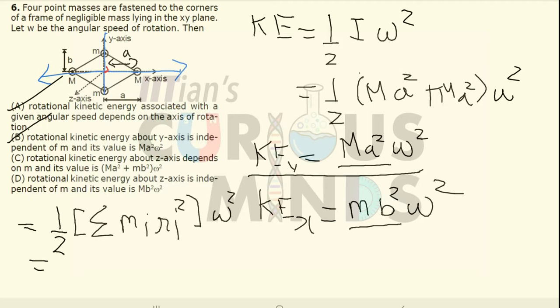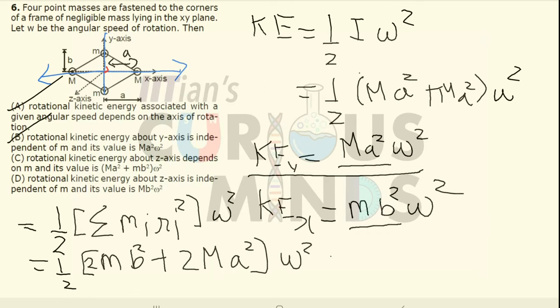So basically it will be half into (2m b square plus 2M a square) into ω square, which will be equal to (m b square plus M a square) ω square. So option C is also correct.